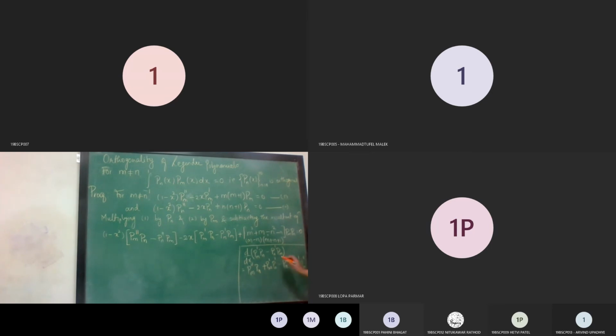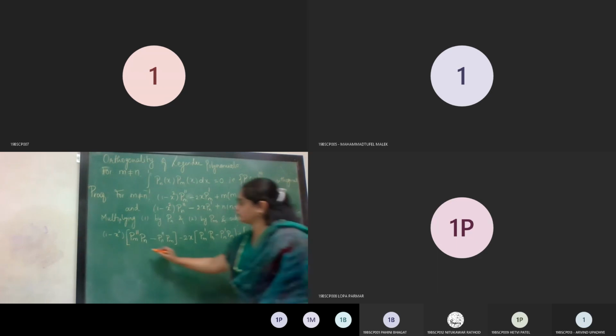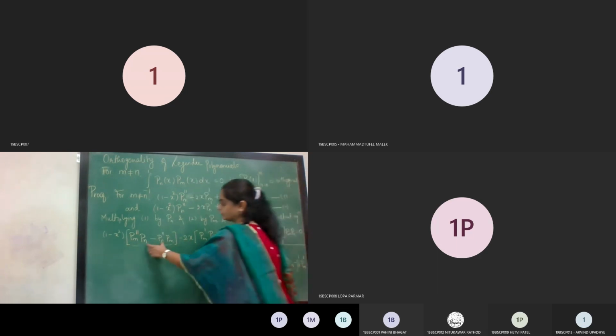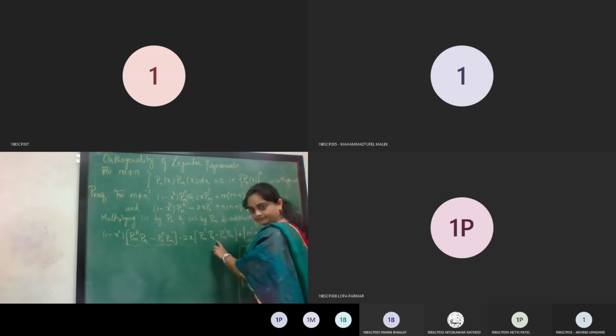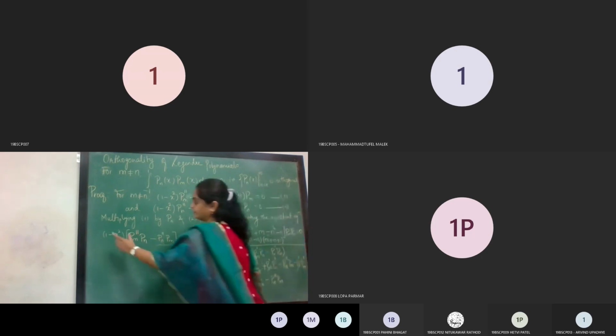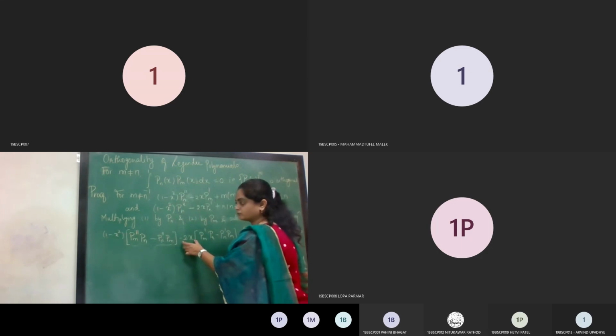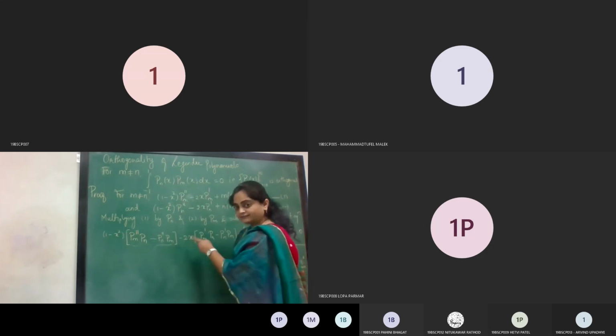So this will cancel out with this one, and we are left with the quantity Pm double dash Pn minus Pn double dash Pm, and that is the quantity we have written over here. Yes or no? That means the derivative of the quantity written here is this. And second thing, the derivative of this 1 minus x square is minus 2x over here. Are you getting this clear?